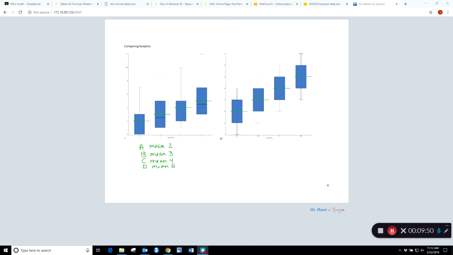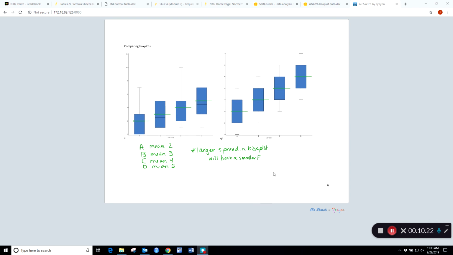So what that meant for us is, if the means are the same, the one that has larger spread in the box plot will have a smaller F, because that spread of the box plots went on the bottom, in the denominator.